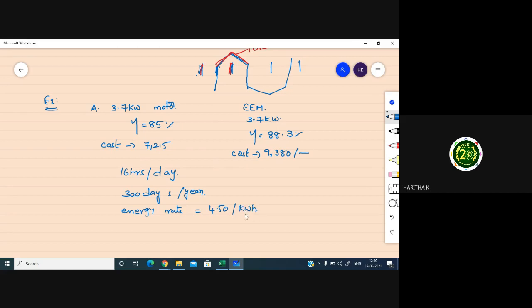This kilowatt hour is nothing but 1 unit. So for 1 unit of consumption of electricity, we are paying 4.50 rupees. This is the energy rate. Now I want to calculate the annual savings by using energy efficient motor. How much amount of energy can I save?